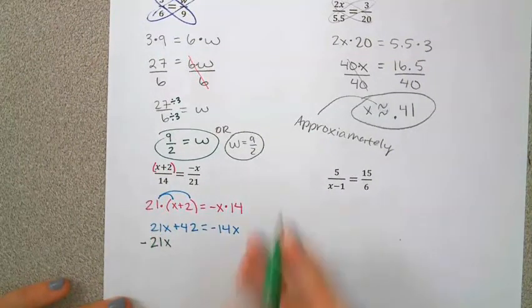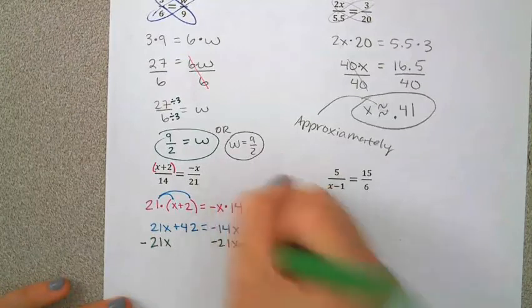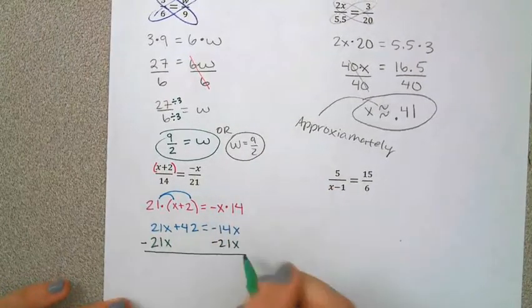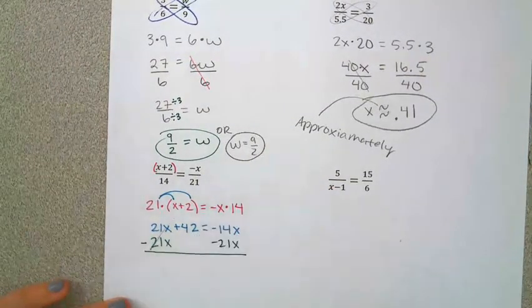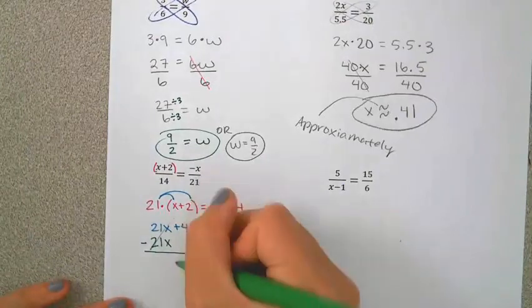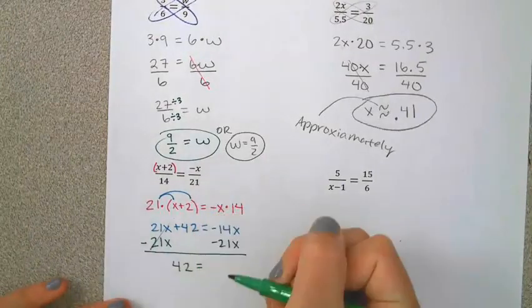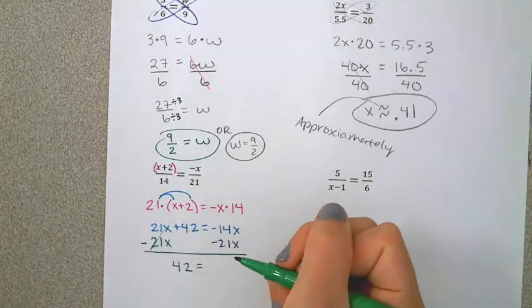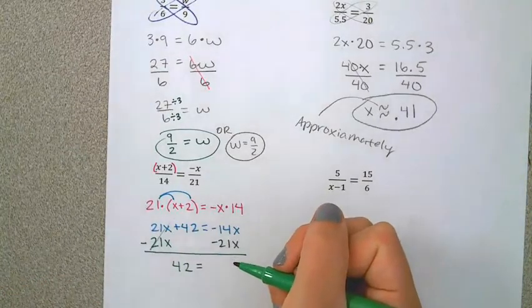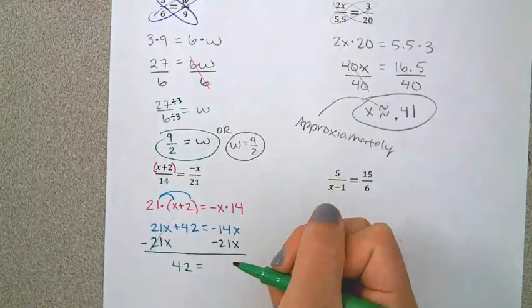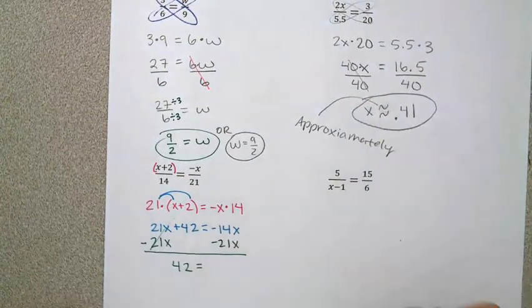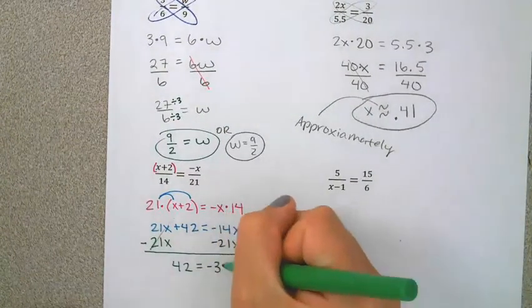So I'm going to subtract 21x on both sides. This goes away because it reduces to 0, and I'm left with 42 is equal to negative 14x minus 21x, which is going to give us a minus 35x.